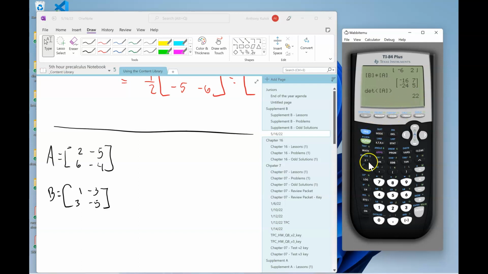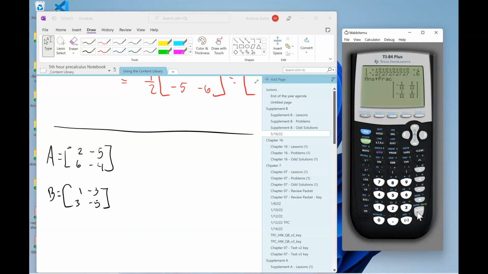To do that, I'm going to go back to the matrix menu, select matrix A, and then I'm going to type in the -1 button. So I'm going to put a -1 exponent on it, and then press enter. And I got this pretty gross looking set of fractions here, but what's nice about this is if I press the math button and select the fraction option, the calculator will write that as fractions for me, which is way nicer looking than those big kooky decimals.